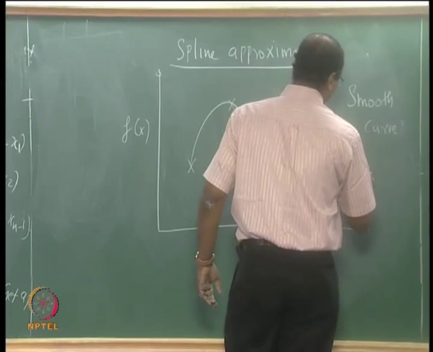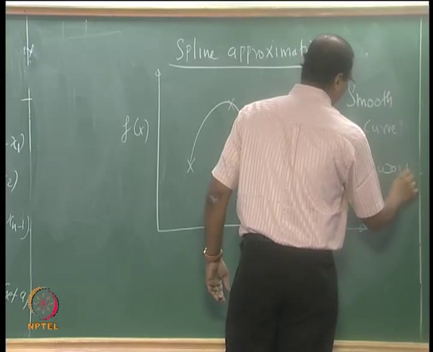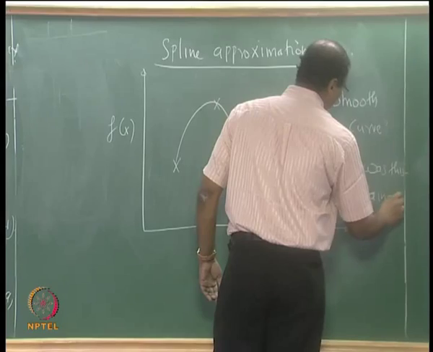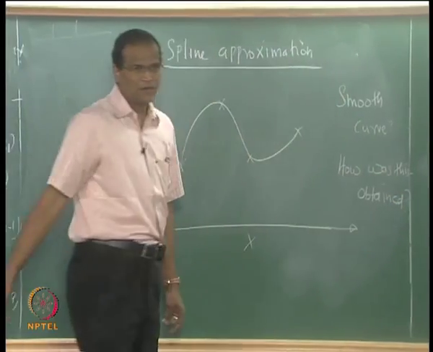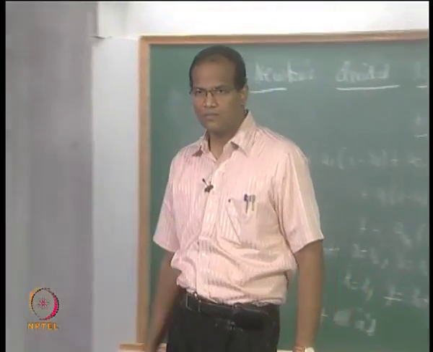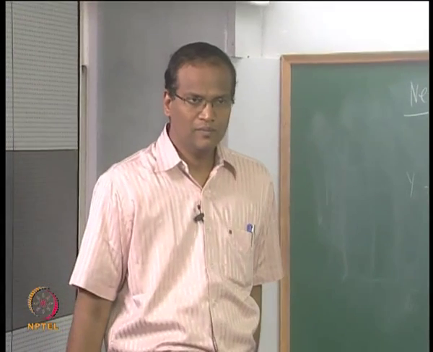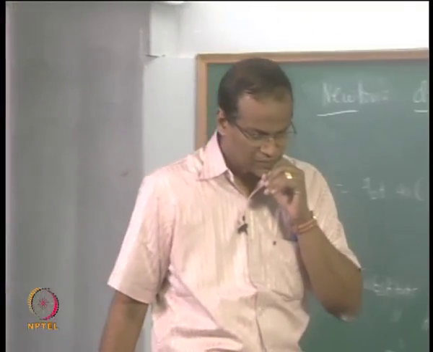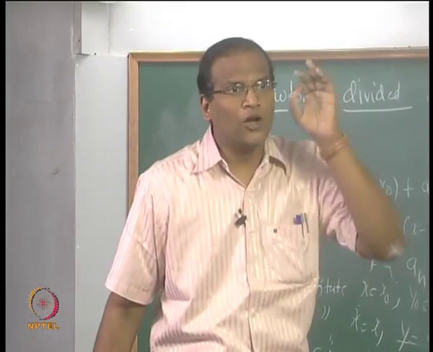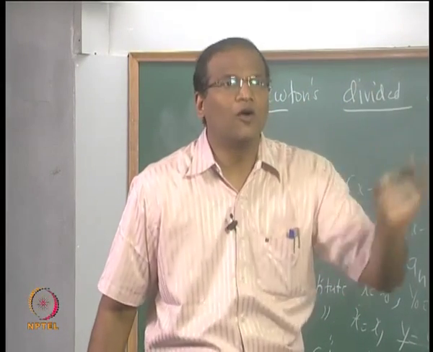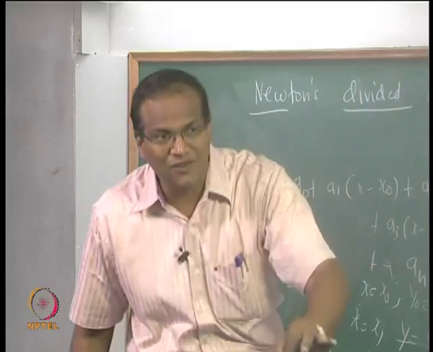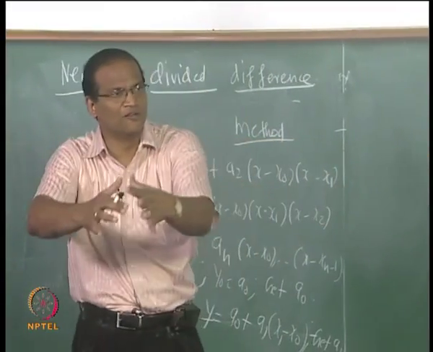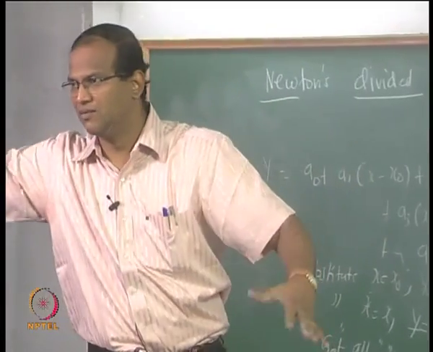How is it obtained? The key is to fit lower order polynomials for subsets of the points and mix and match all of them to get a nice smooth curve.